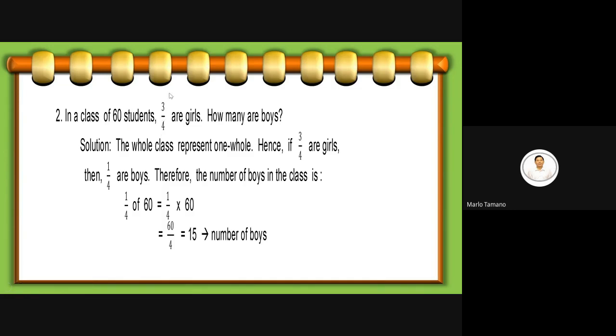3/4 po yan, para magiging buo yung 60, gagayahin po natin ang denominator ng given fraction. So, 4/4. Okay? So, 4/4 minus 3/4. Pakisulat nga sa papel niyo. 4/4 minus 3/4. Ano sagot?